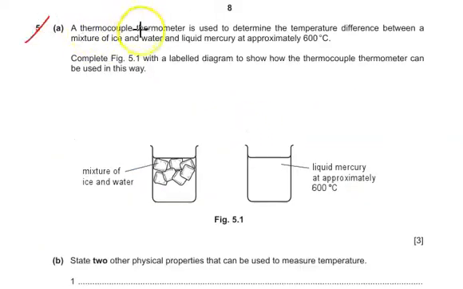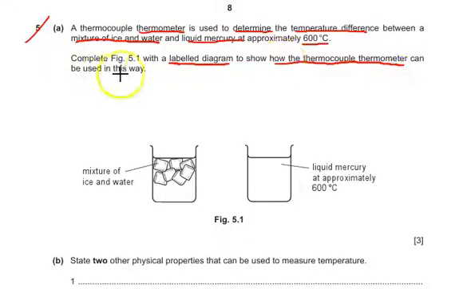Okay, a thermocouple thermometer is used to determine the temperature difference between a mixture of ice and water and a liquid, approximately 600 degrees Celsius. Complete the diagram with a labelled diagram to show how the thermocouple thermometer can be used in this way.